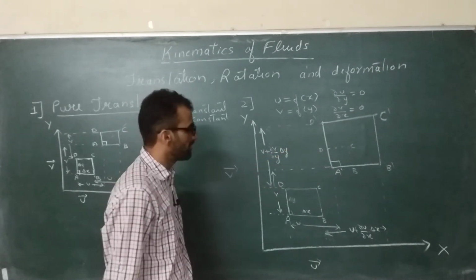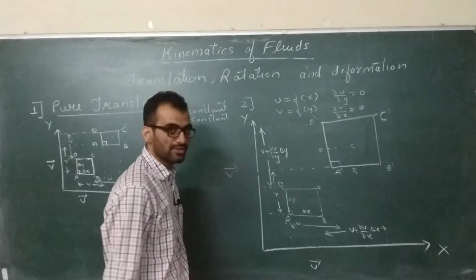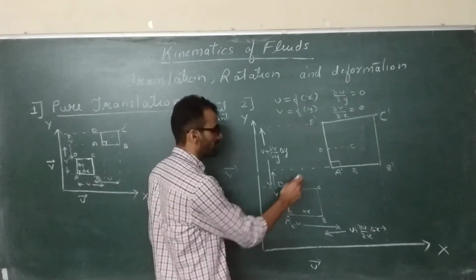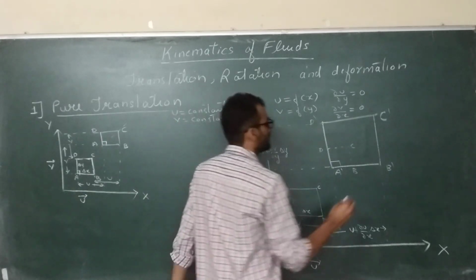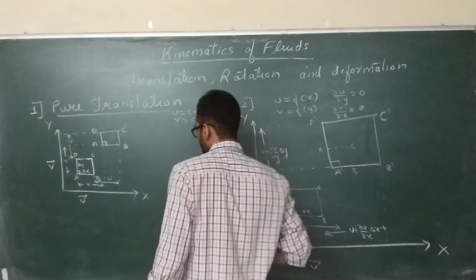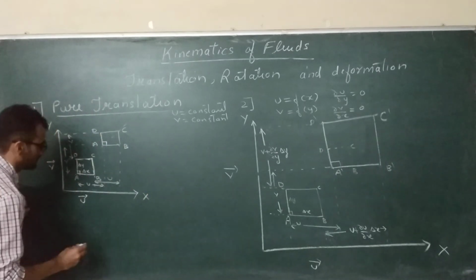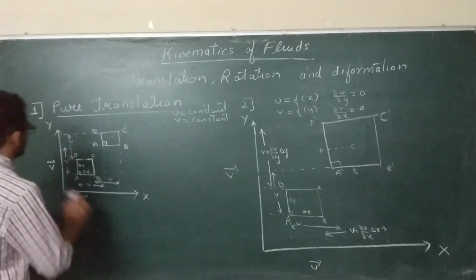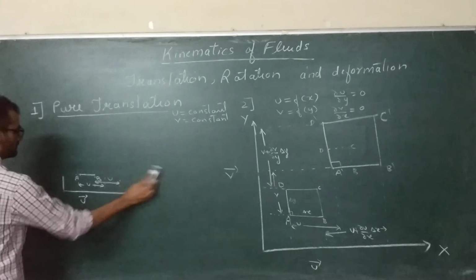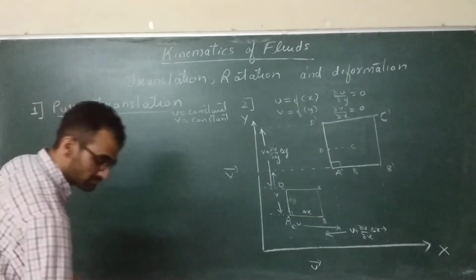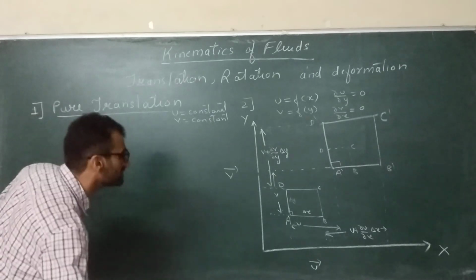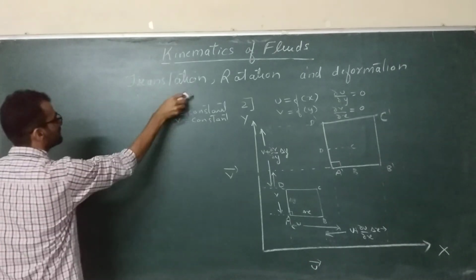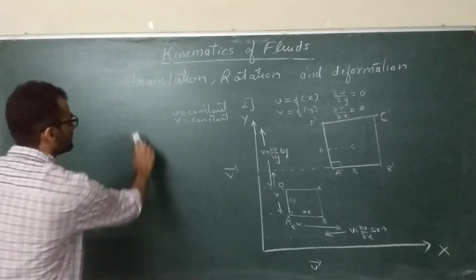from this case we define one term that is called rate of linear deformation, because what type of deformation occurred here? Only linear deformation. So we define a rate of linear deformation.